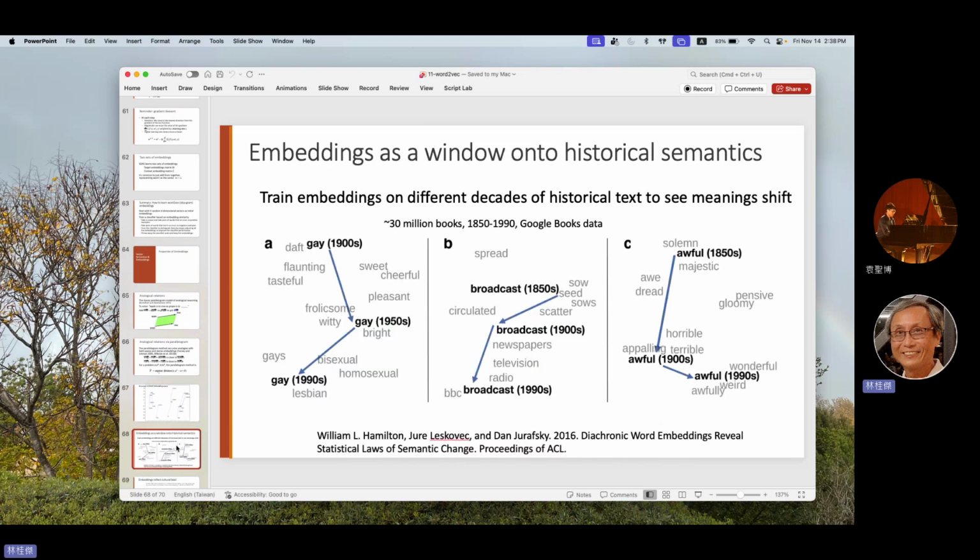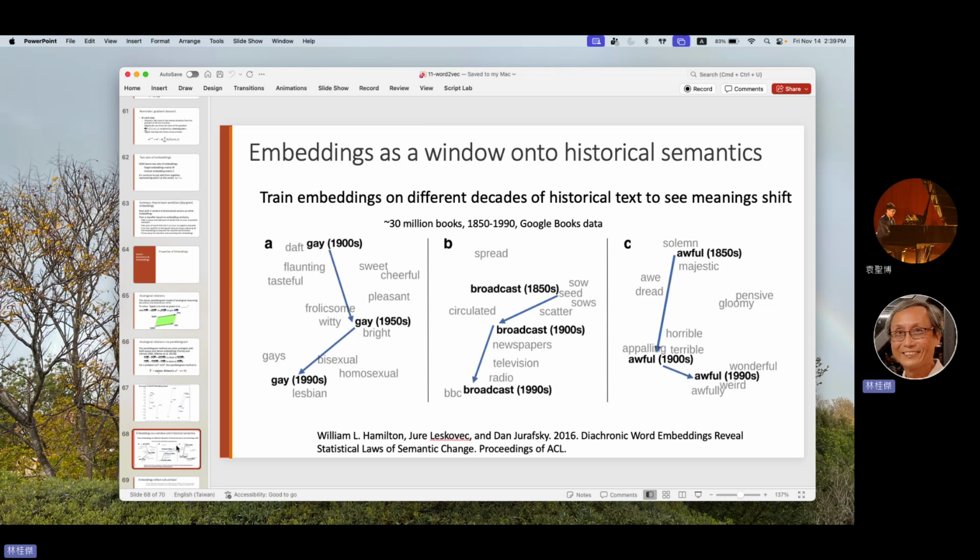What is interesting is that people have also used the same training algorithm, but looked at training data sets from old text to more current text. What they found is that if the word gay appeared in 1900s literature, compared with gay used in the 1950s, and compared with gay used in the 1990s literature, they are actually in three different locations.